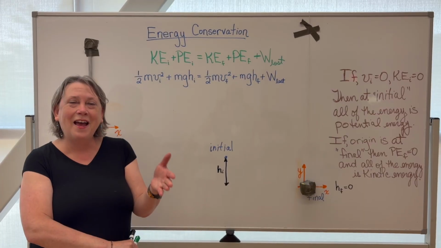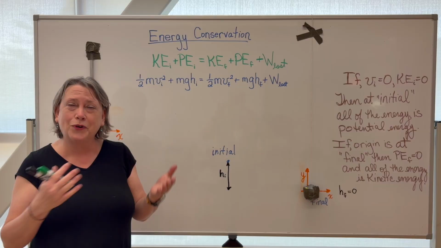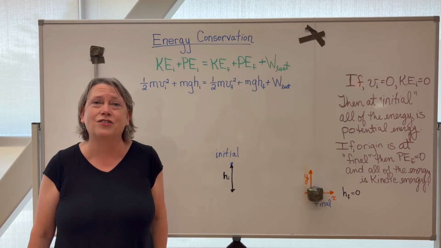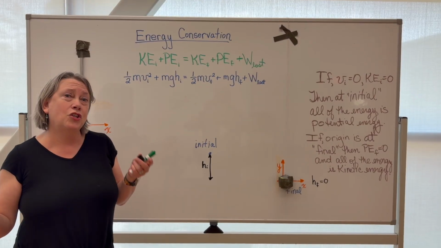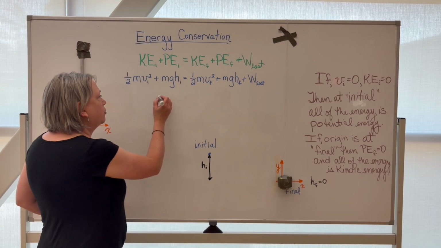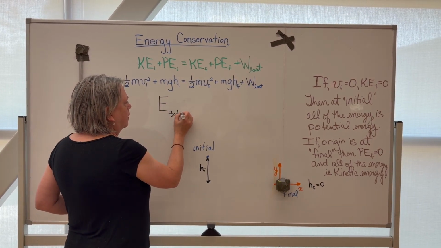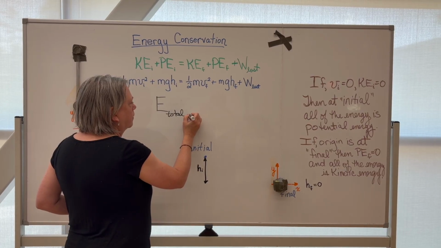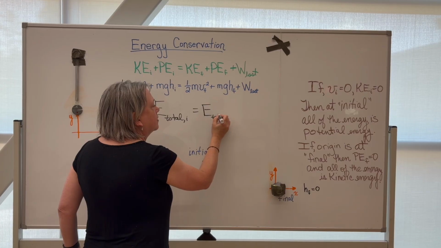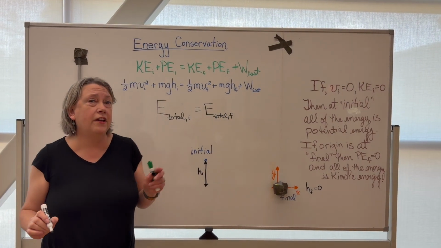All right, so now using those definitions that we've just been introduced to for kinetic energy and potential energy, we're going to talk about energy conservation. The total energy initial has to equal the total energy final if energy is conserved.